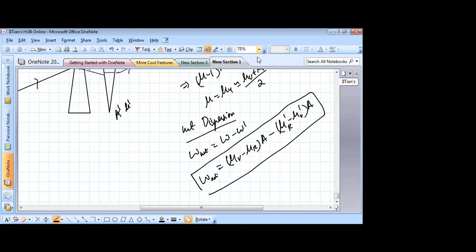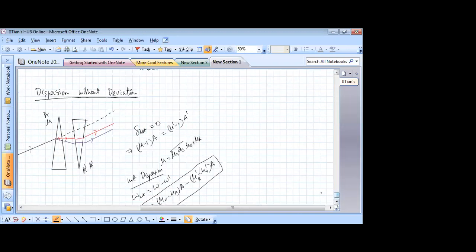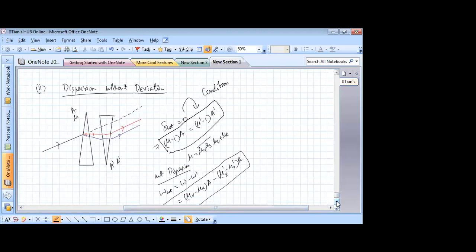So this is the formula for the net angular dispersion, and this above becomes the condition for deviation to be zero. This is the condition for net deviation to be zero, but there will be dispersion. So this is that type of combination which produces dispersion but without deviation.